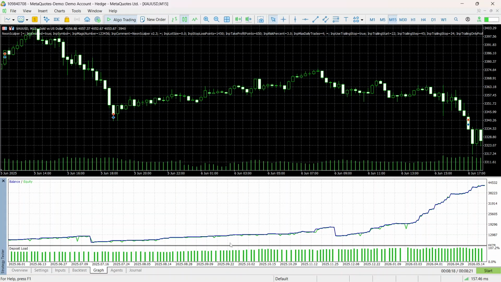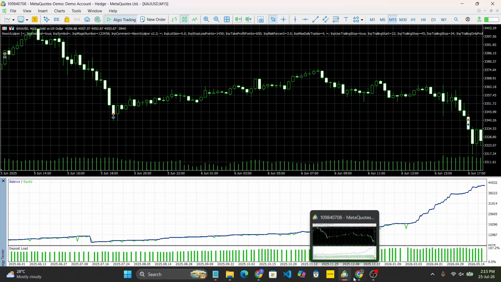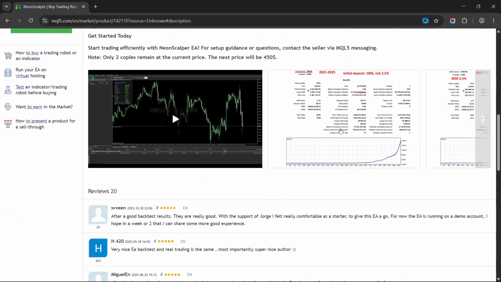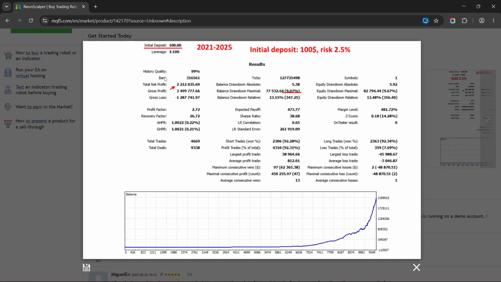So, how does this compare with what the developer claimed? Let's check it out. The developer claimed a recovery factor of 2.72. Ours was slightly higher. But why did they hide their initial deposit? Okay, see our initial deposit here, $100, and a net profit of 2 million, which is relatively high, way higher than mine.